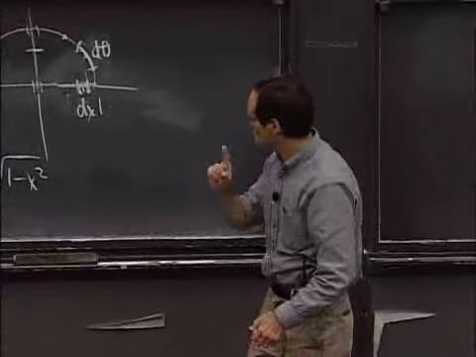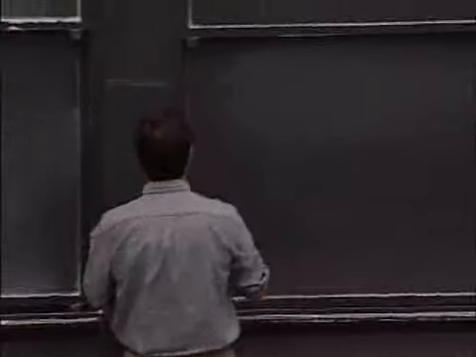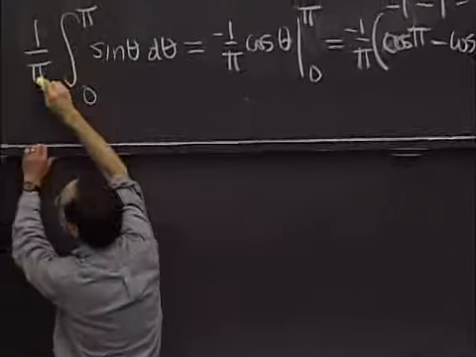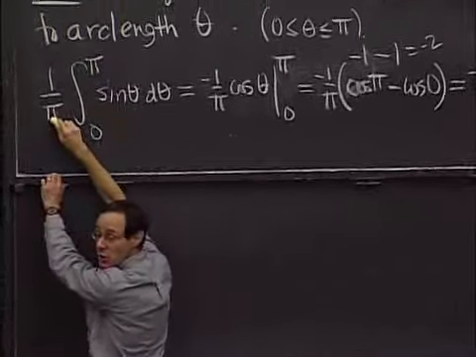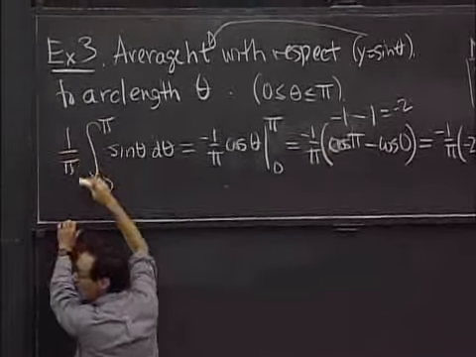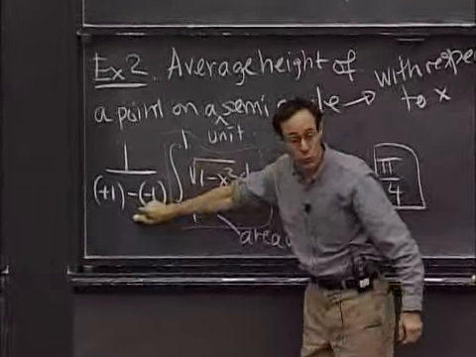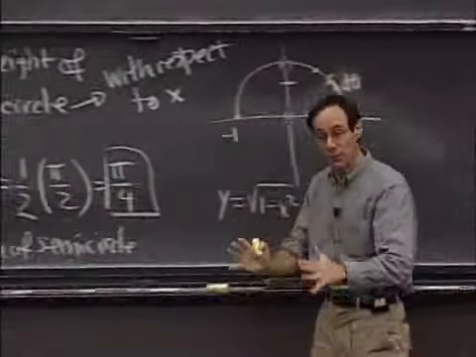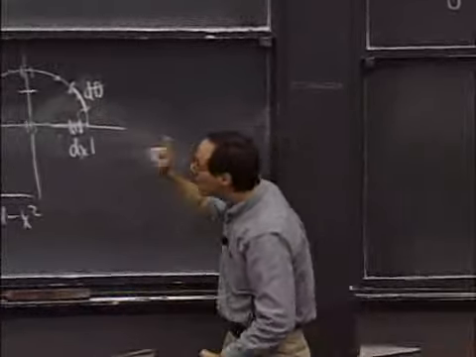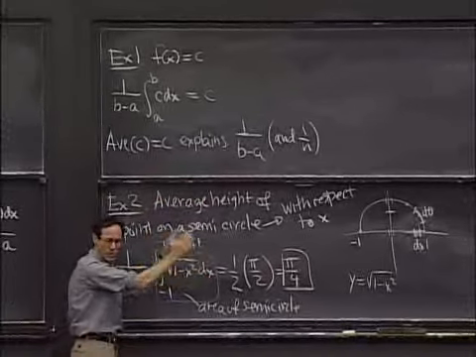So the question is, shouldn't it have a bigger value because it's a longer length? Never with averages. Whatever the length is, we're always dividing. We're always compensating by the total. We have the integral from 0 to pi, but we're dividing by pi. Here we had the integral from -1 to 1, but we're dividing by 2. So we divide by something different each time. And this is very, very important. The average of a constant is that same constant regardless of which one we did.